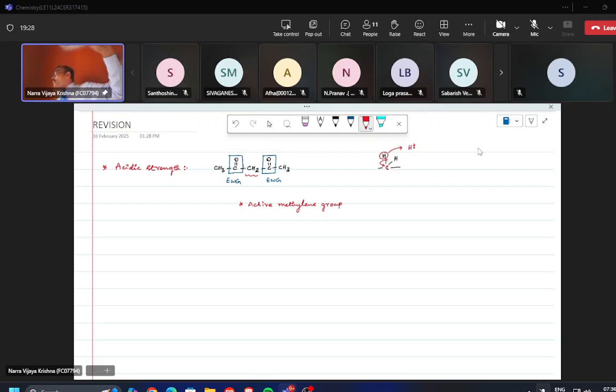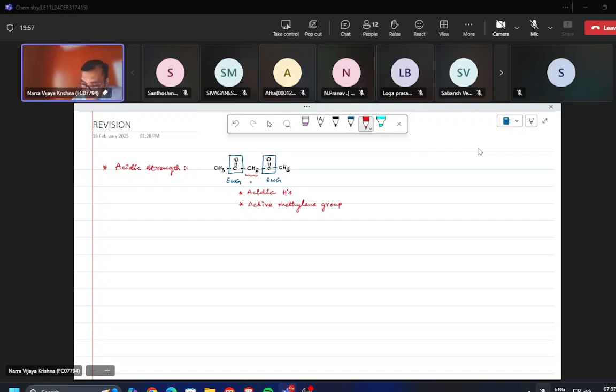As this is capable of producing H plus ions, we call this carbon an active methylene group. Clear? Any questions? So the hydrogens over that carbon are more acidic, or simply I will write acidic hydrogens. It is having acidic hydrogens.